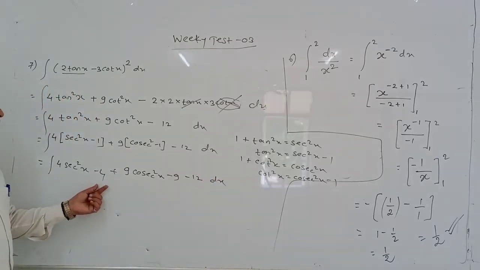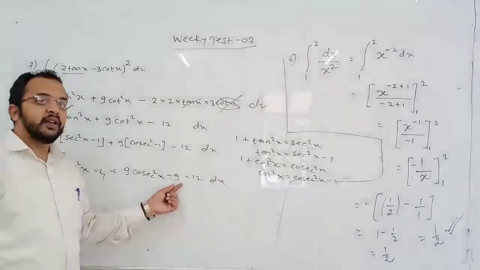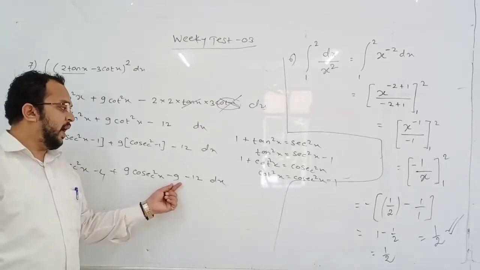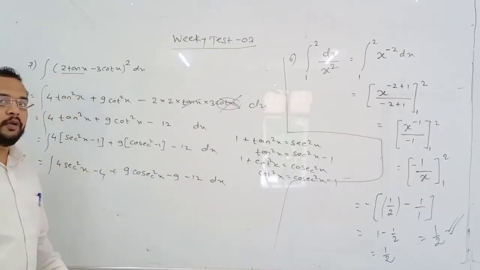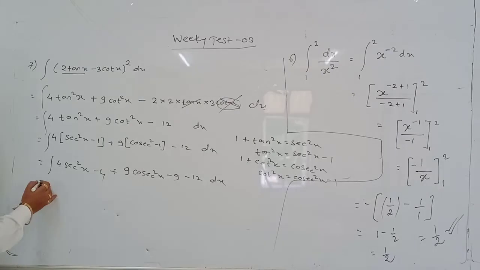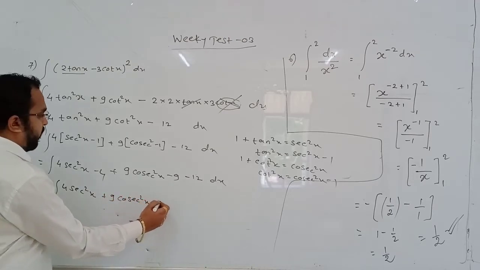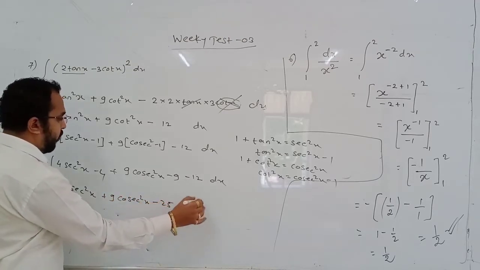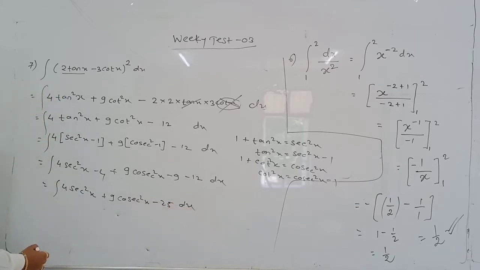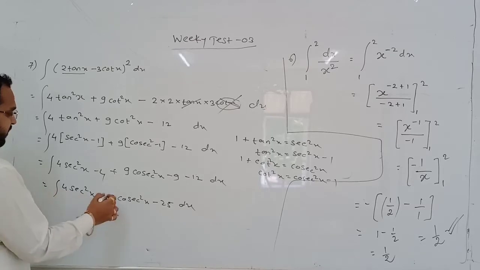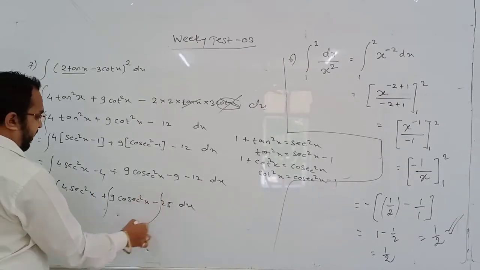Now see, minus 4 minus 9 it will be minus 13, minus 13 minus 12 it will be minus 25. So the question is integration of 4 sec square x plus 9 cosec square x minus 25 dx. Now integrate separately.